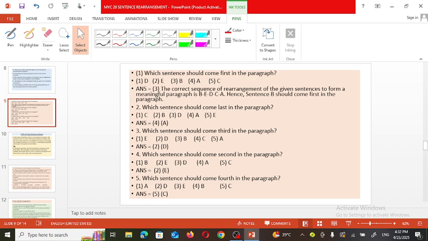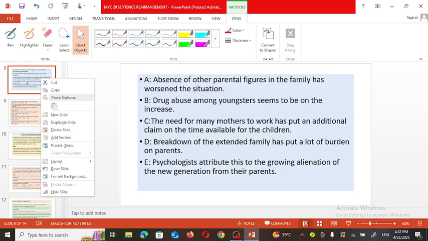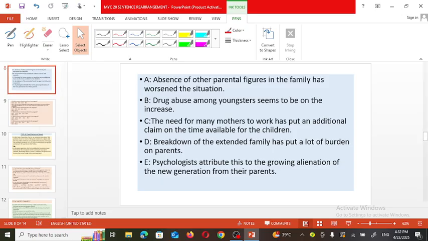Okay, so again we will go with this. As we compare the sentences, all these options are related to the family system and the situation or the problem faced by the parents and children. So drug abuse among youngsters seems to be on the increase.